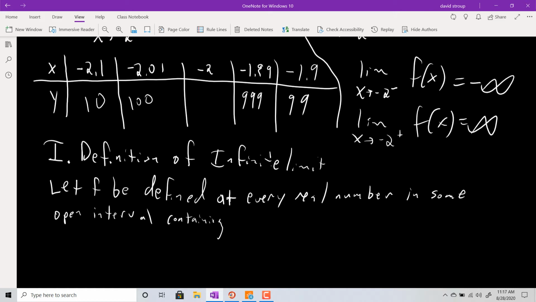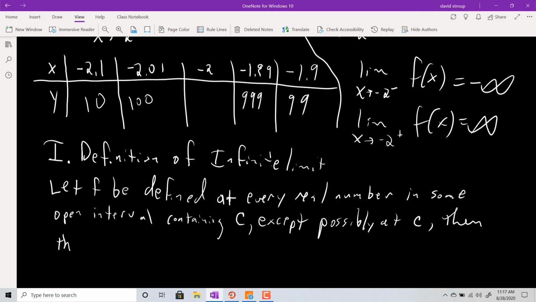Before it was -2, so we'll just call it C. Maybe it won't be defined at C, like in the previous example where there was an asymptote there. So containing C, except possibly at C.